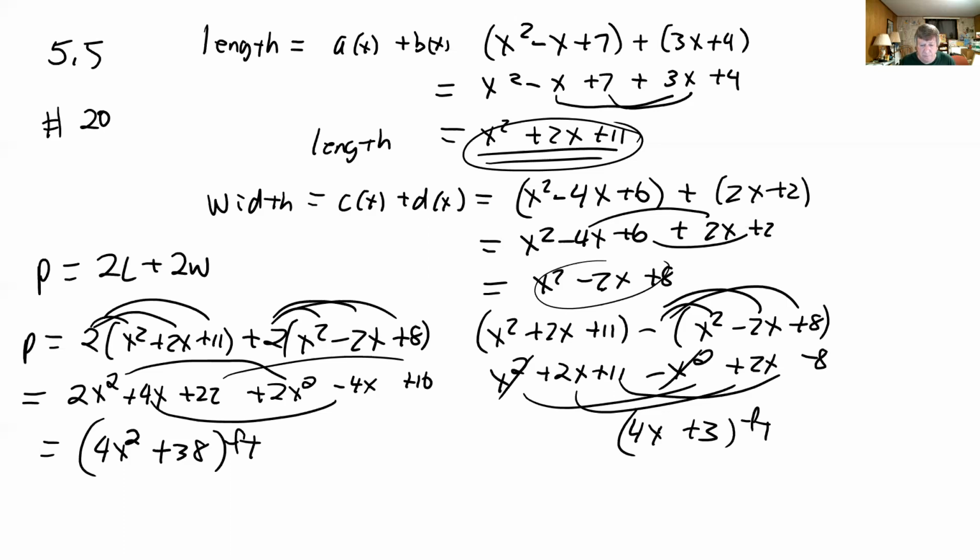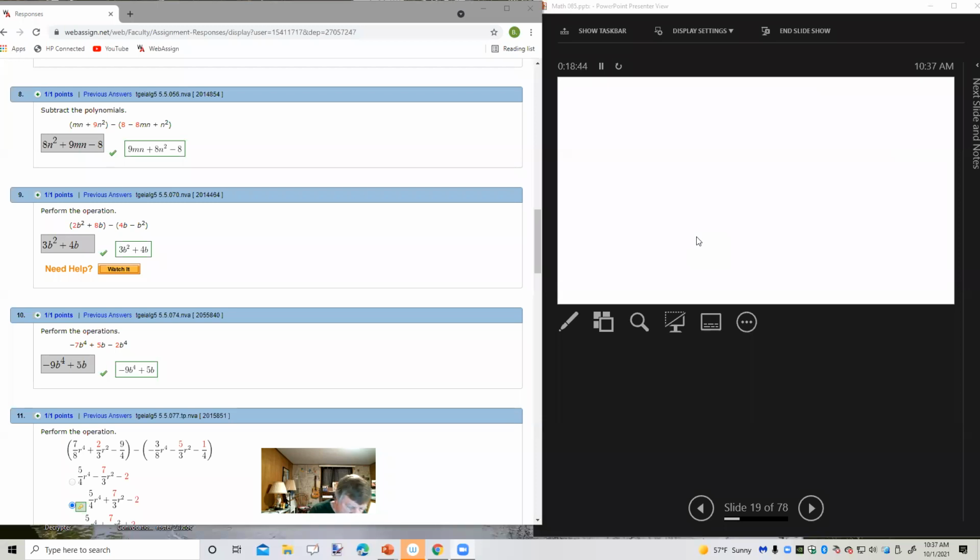Okay, so this is, again, in section 5.5, number 8, says subtract the polynomials. So we've got mn plus 9n squared minus the quantity 8 minus 8mn plus n squared.